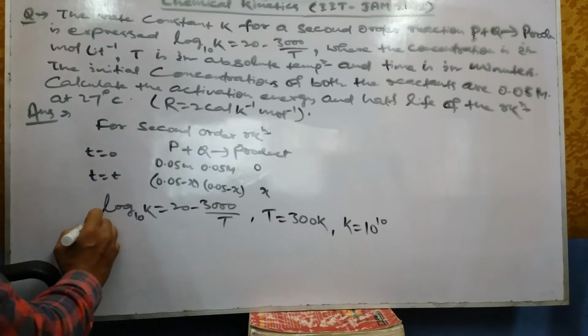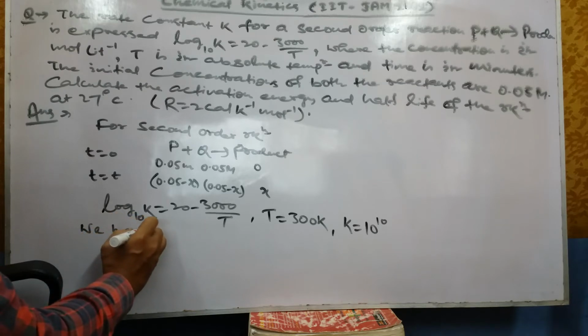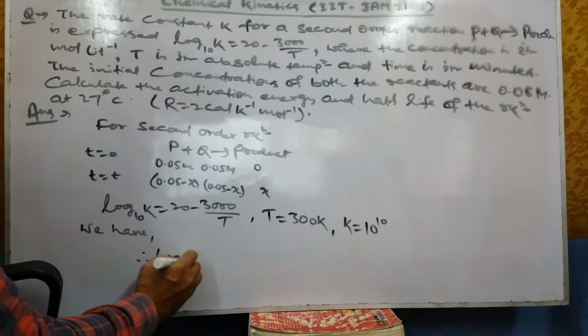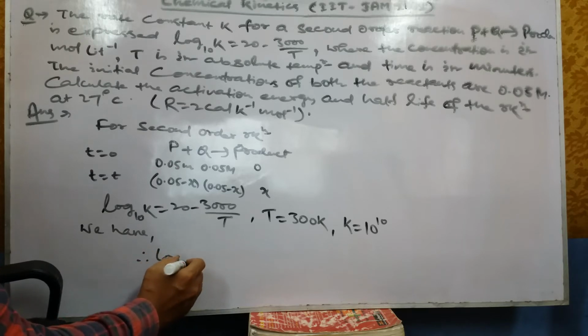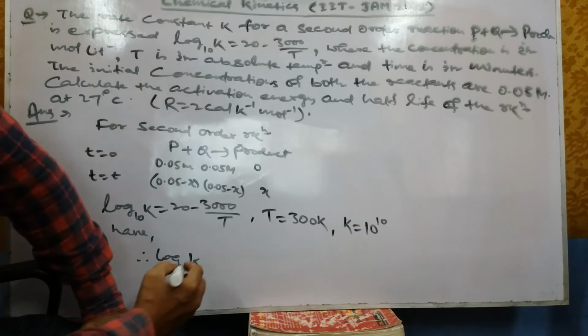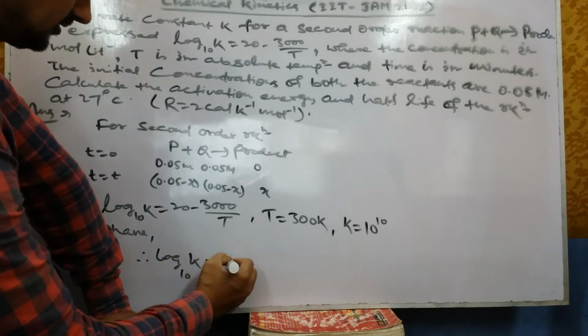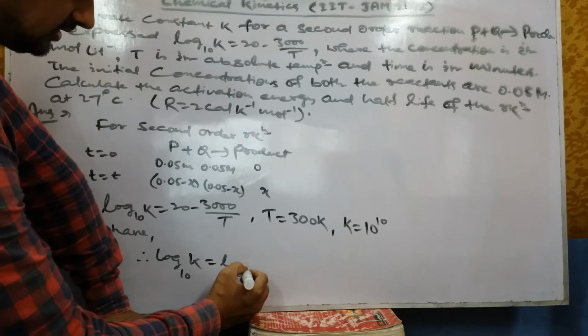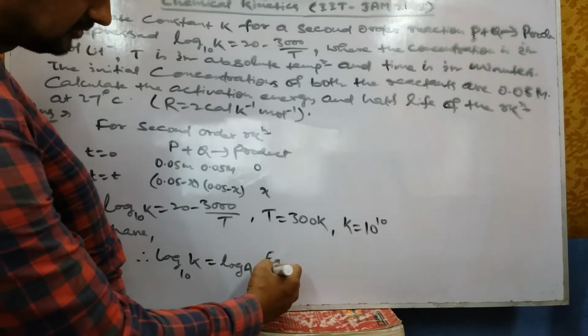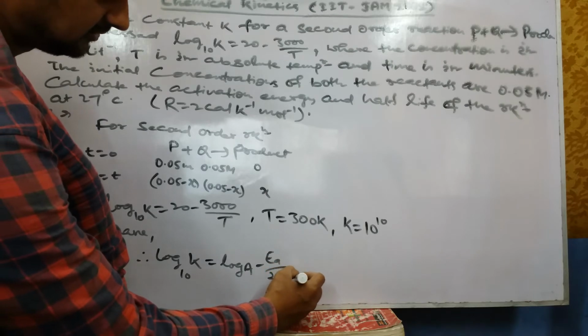We have log base 10 K according to the Arrhenius equation equal to log A minus Ea by 2.303 RT.